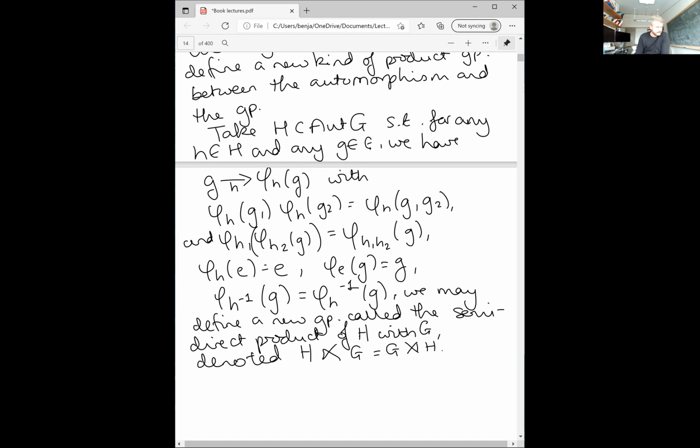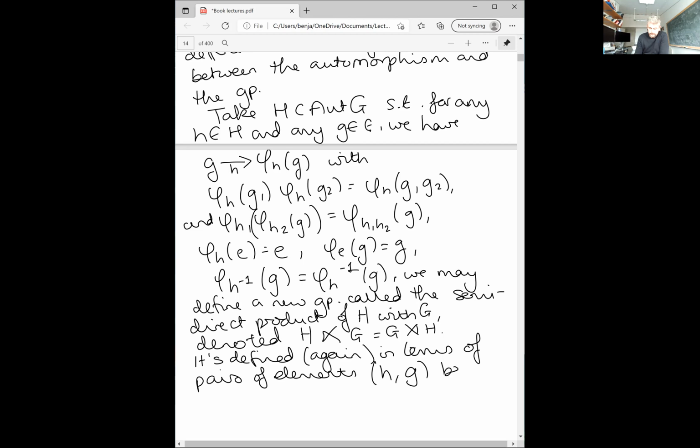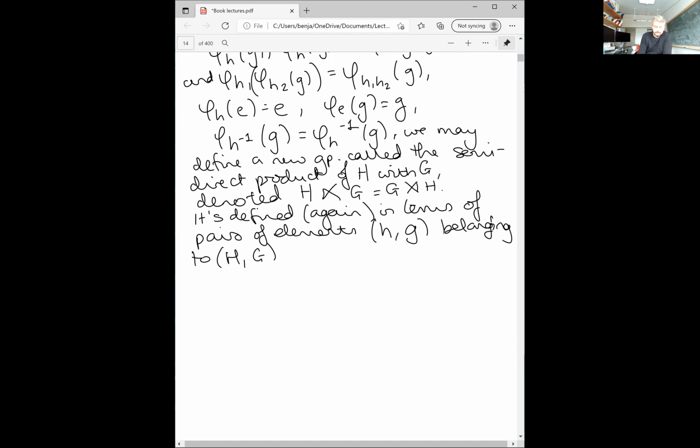So as with the direct products, it's defined in terms of pairs of elements, h and g, and they belong to big H and big G. But now the product rule is less trivial.